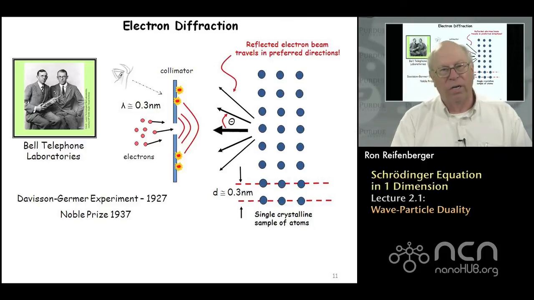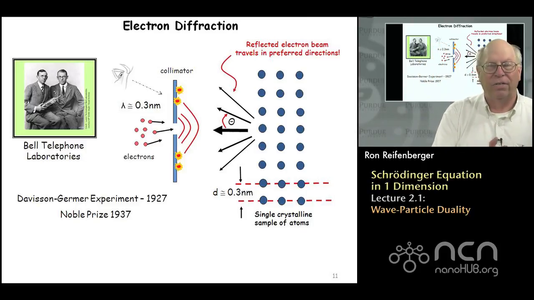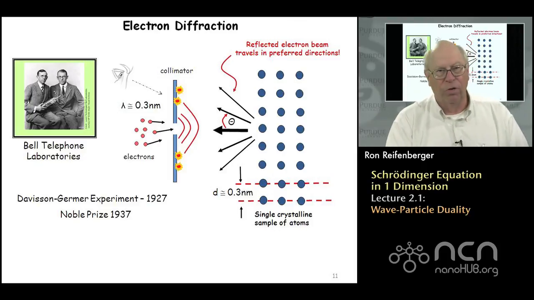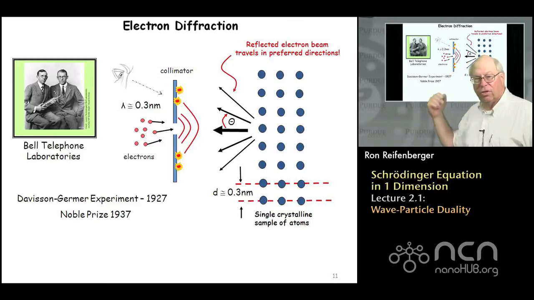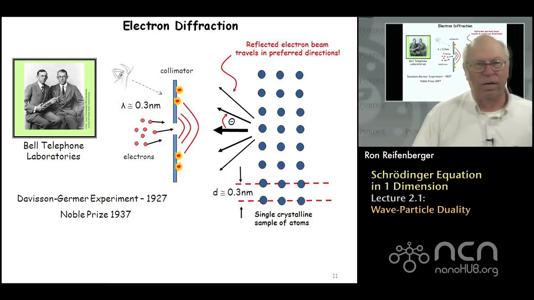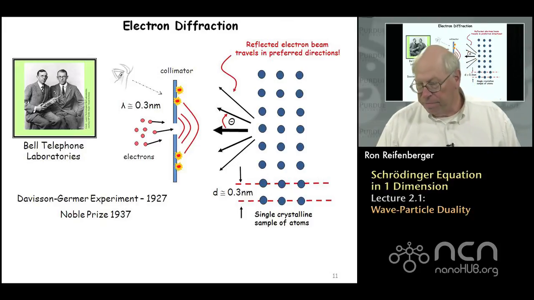So they actually won the Nobel Prize for this experiment in 1937, and it was direct proof that these electrons, which are particles, can behave as waves and can undergo this constructive interference effect when they interact with matter.